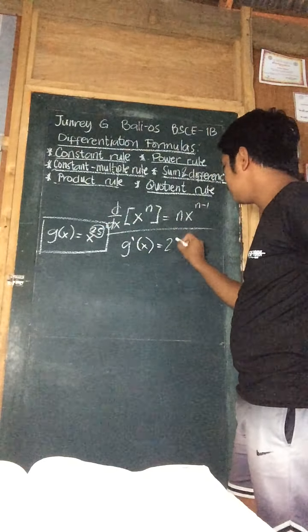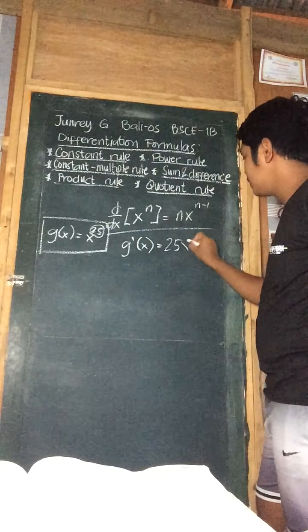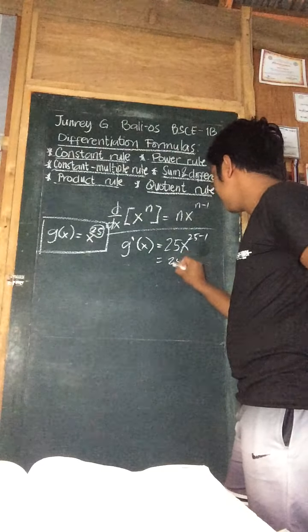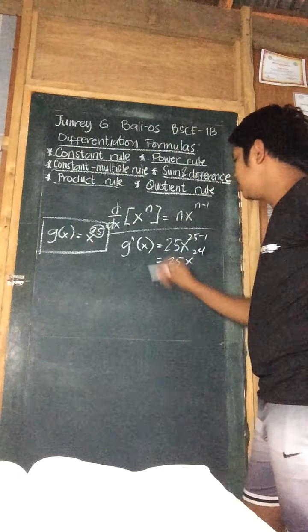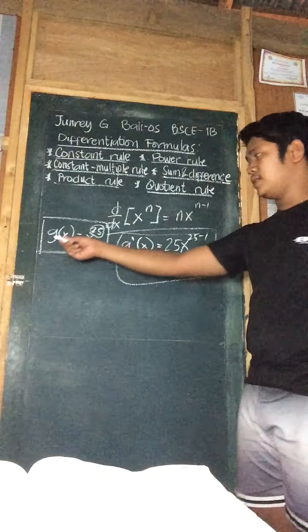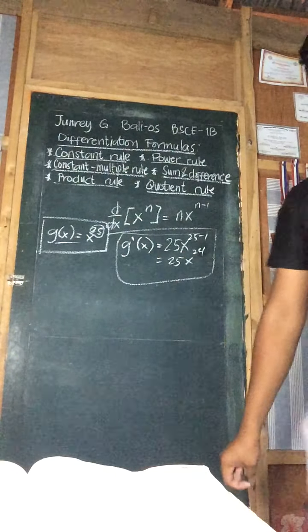Then substitute 25, then x raised to 25 minus 1, is equal to 25x raised to 24. This is the derivative of this function.